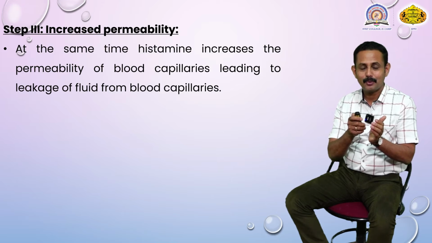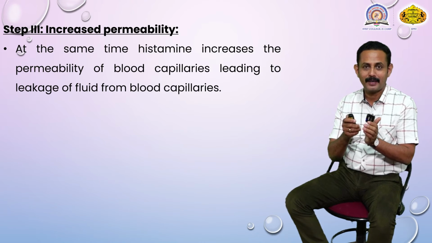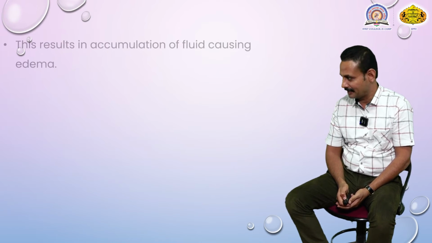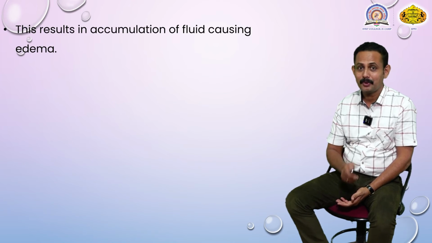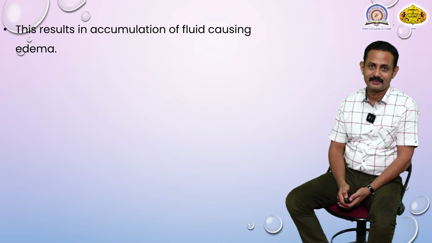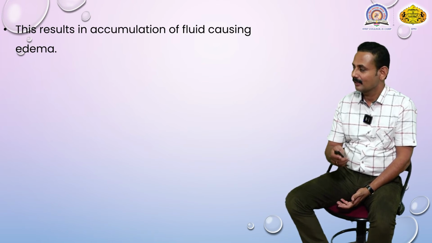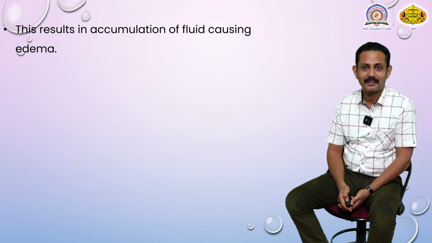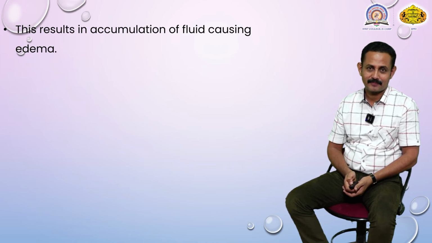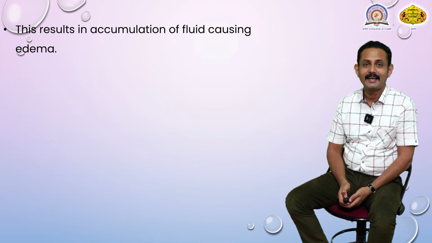The blood, especially the fluid portion, started to leak out from the blood capillaries. And what happened due to the leakage? It results in the accumulation of fluid at the area of injury, and when the fluid accumulates, swelling takes place, and this swelling is called edema.